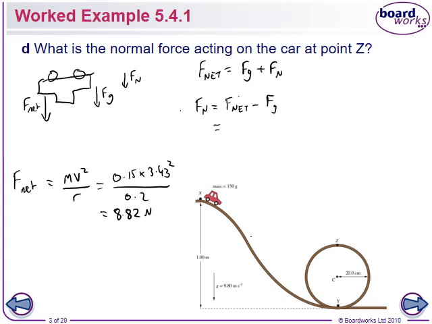All right, our Fg. Fg, that hasn't changed. That's still, I think, it was 1.47, wasn't it? 0.15 multiplied by 9.8, yeah. Is 1.47 newtons. So therefore, our normal force is 8.82 minus 1.47.